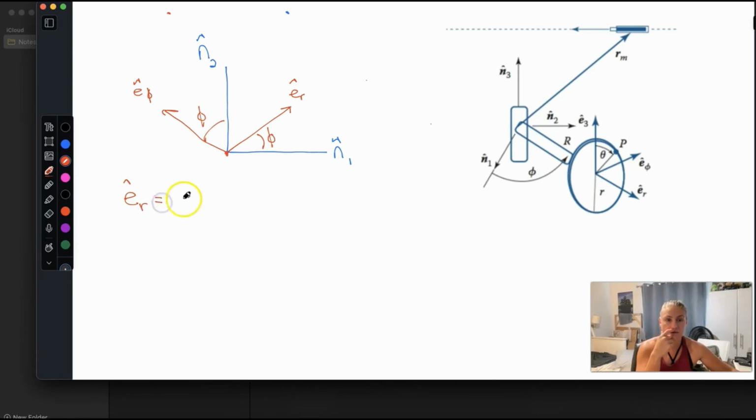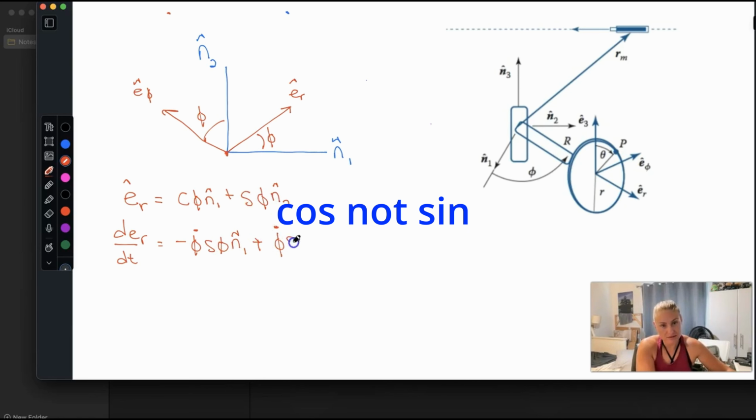ER is equal to, it's a unit vector, so magnitude is 1, cosine phi n1 plus sine phi n2, and its derivative dER/dt is equal to negative phi dot sine phi n1 plus phi dot cosine phi n2.